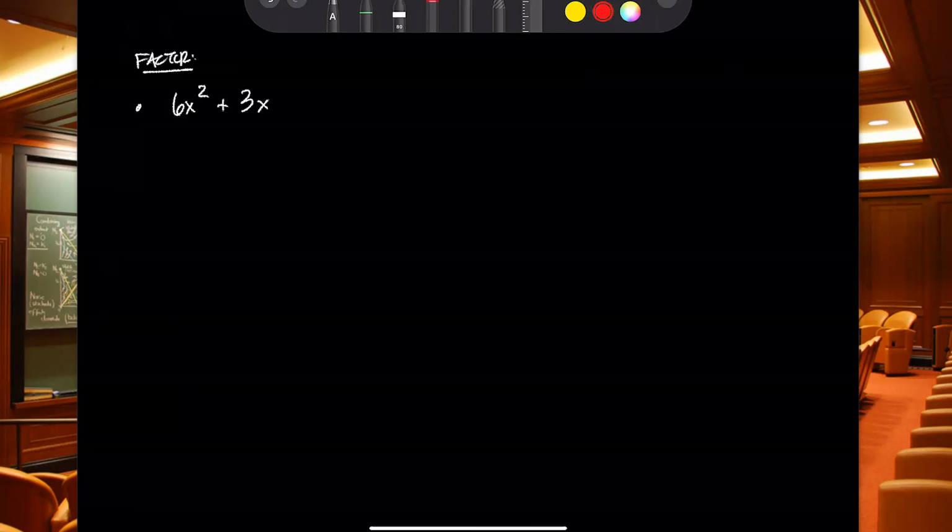So in order to do that, we've got to do a little bit of sleuthing and break out each term into its most simple factors. So that first one we could break into 2 times 3 times x, and that 3x is really just 3 times x. That's as good as that one gets.